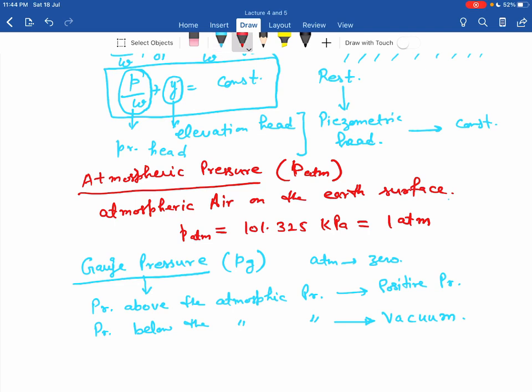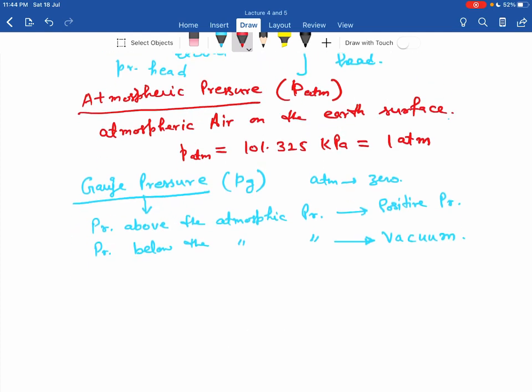Now if we add atmospheric pressure to the gauge pressure, that becomes another pressure and we call it absolute pressure.